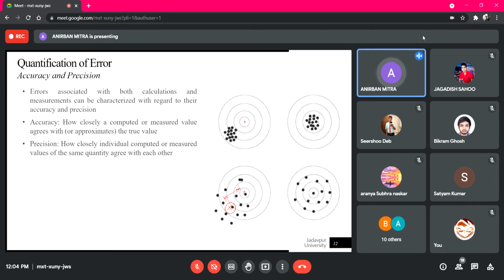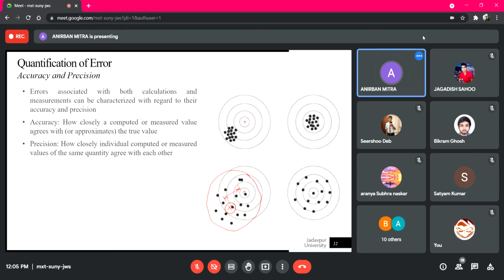So this is quite inaccurate. How about the precision? You see that there is a big scatter. It is scattered over a large area. So it is imprecise as well. These individual values are not close to one another, and hence it lacks in precision.